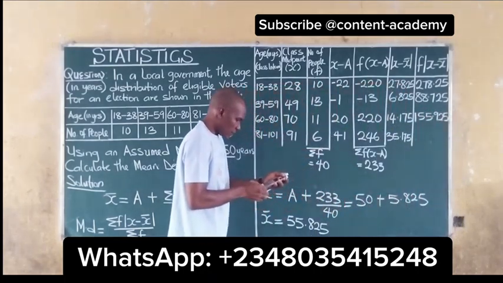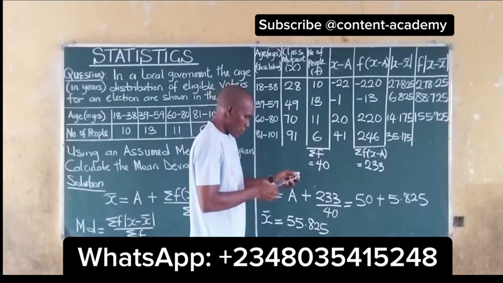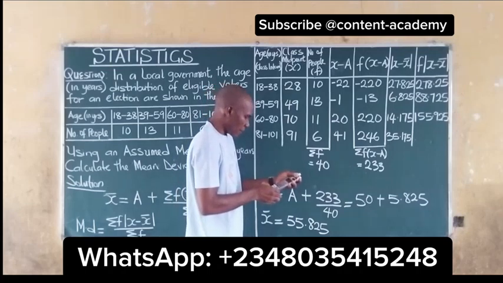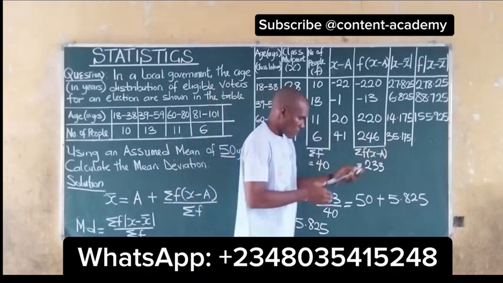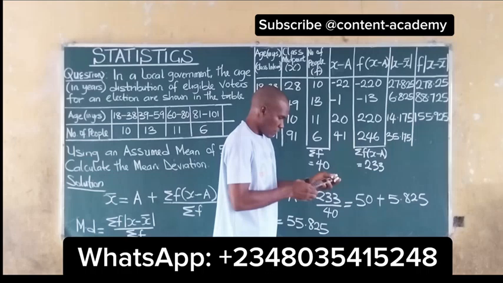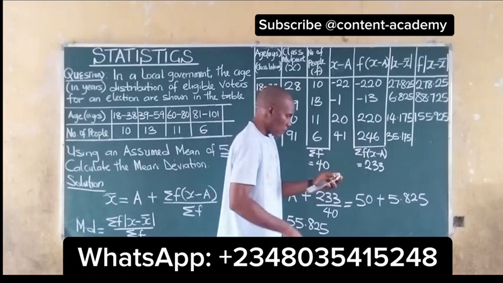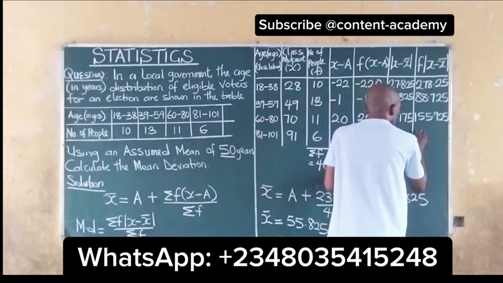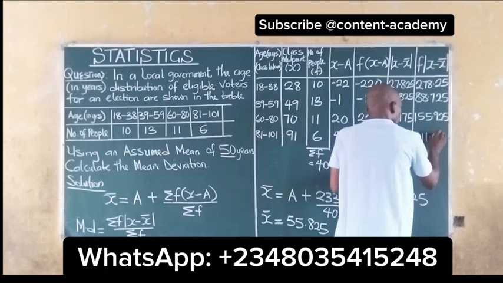Then 6 multiplied by 35.175 gives 211.05.